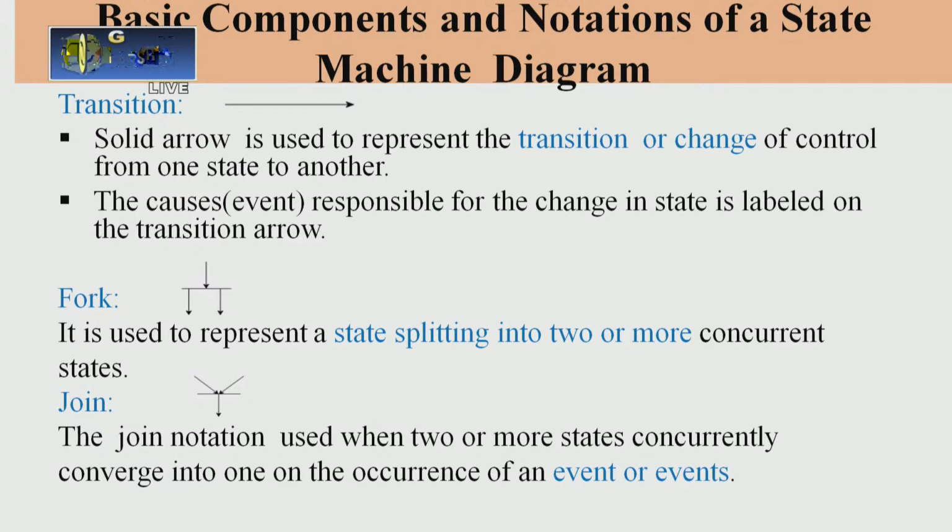Fork is used to represent a state splitting into two or more concurrent states. It means if we have reached a particular moment, and on the basis of that we are splitting into two different activities to be performed, and two different states of the object may occur due to that particular point of processing.